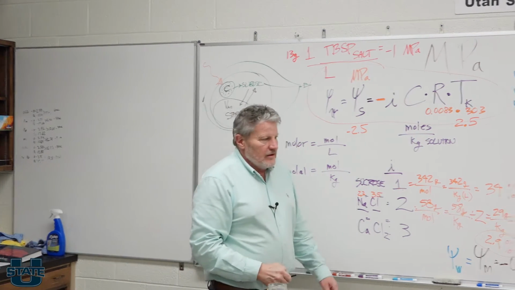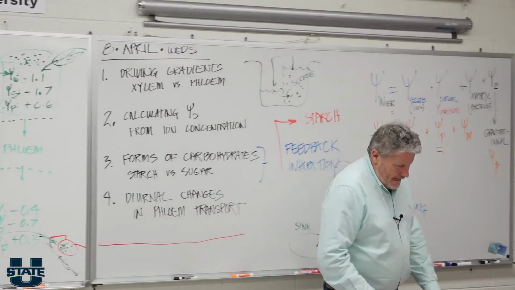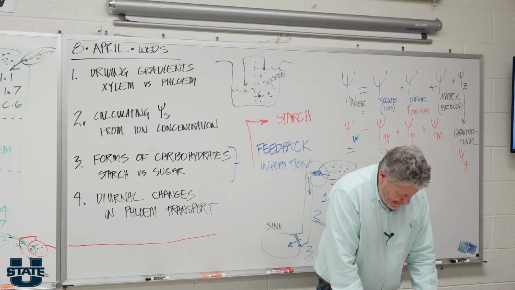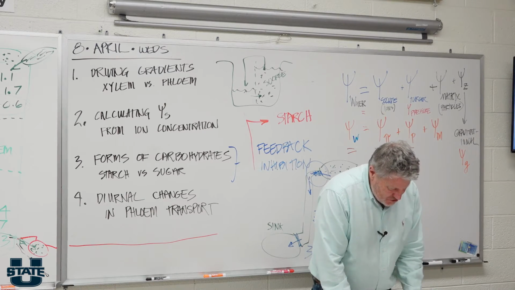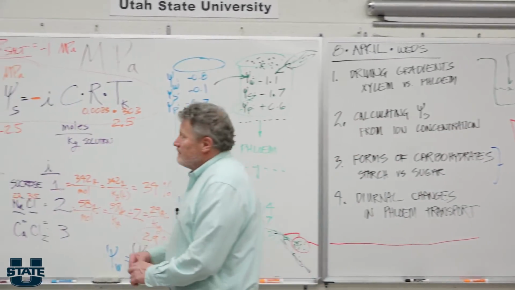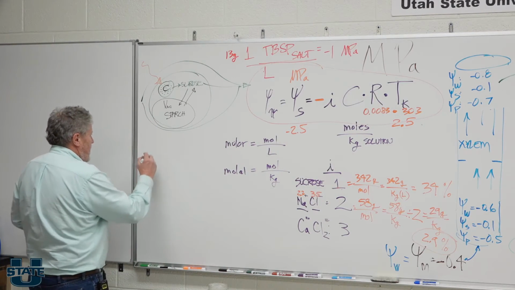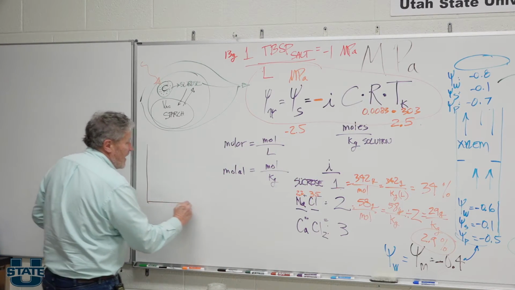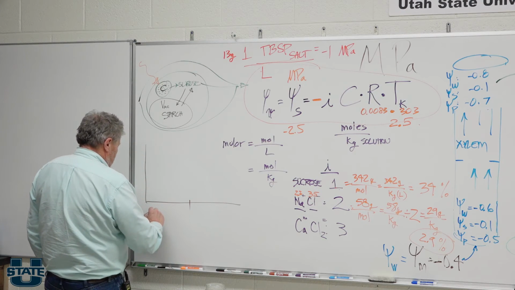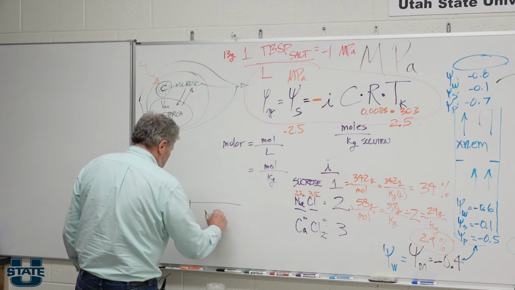So that takes us to, let me just draw this. I think it's better if I draw it. If now we make a graph, I can erase that. Here's day, and here's night.